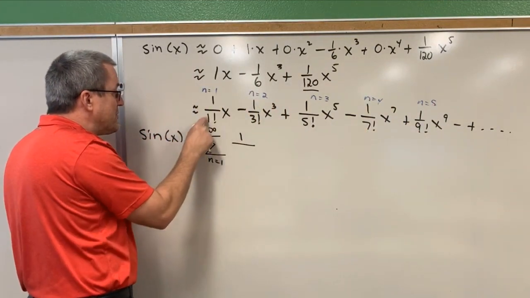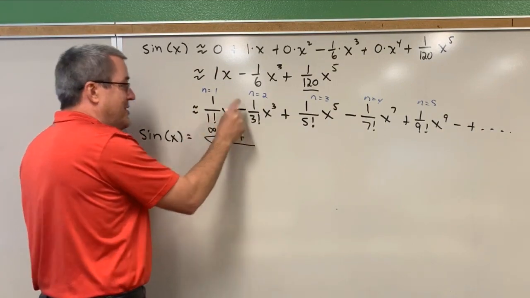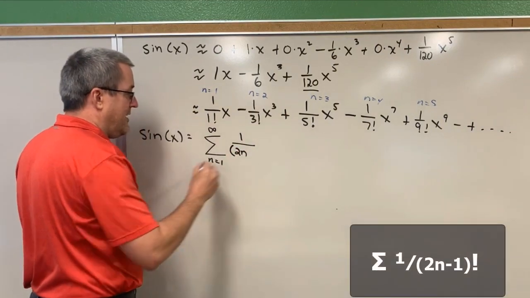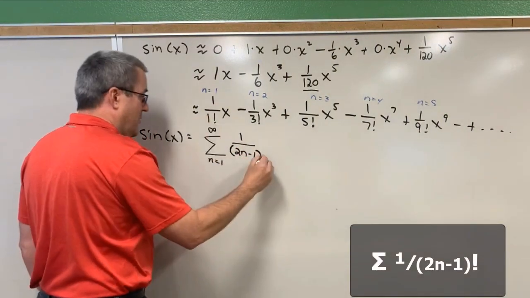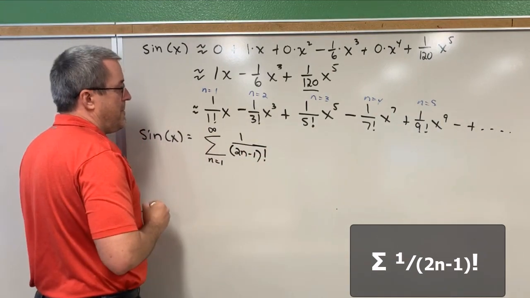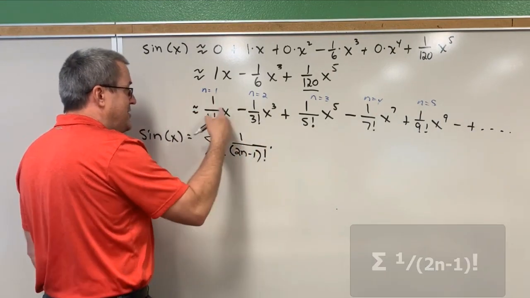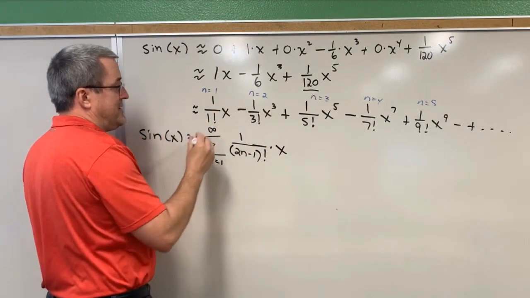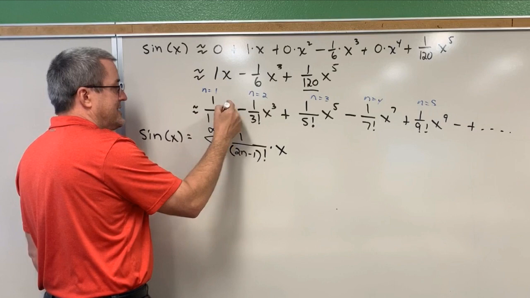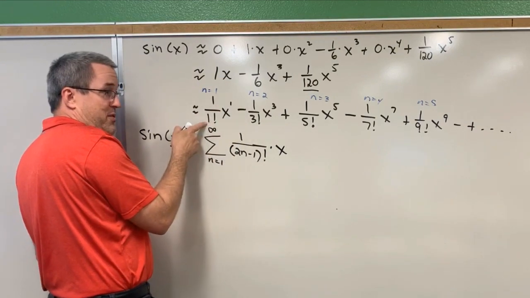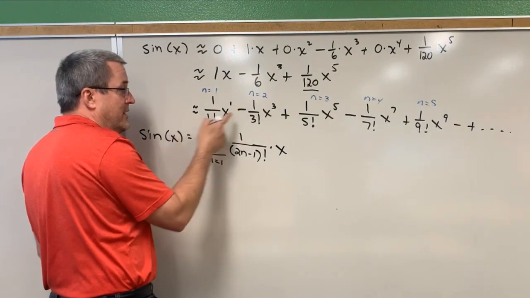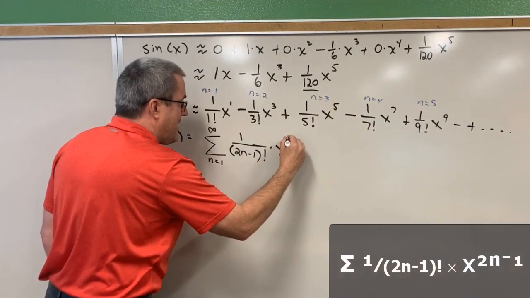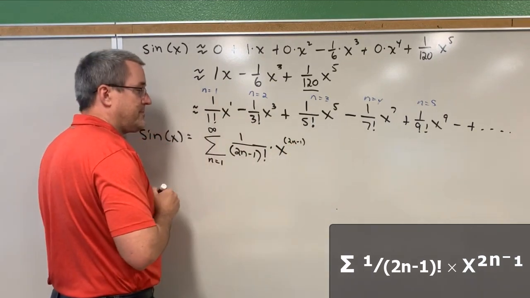Double 1 is 2, subtract 1 is 1. So the denominator of all those coefficients is double the value of n and subtract 1 factorial. That coefficient is in each case being multiplied by x raised to a power. And notice the power, even on this first one, it's x to the first. The power matches up with that same value factorial, 3, 5, 7, 9. And so it's going to be raised to the power of 2n minus 1.